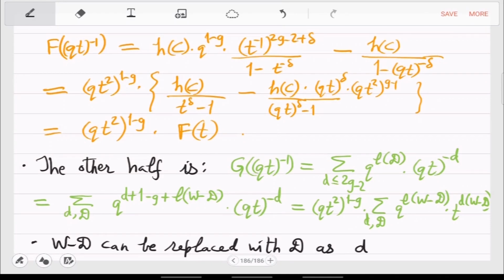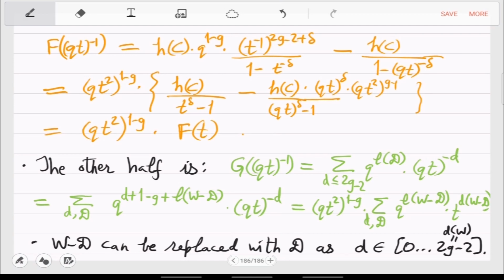As D runs from 0 to 2g minus 2, which is the degree of the canonical divisor, it's very important what the sum is over. Since the sum is over 0 to degree of the canonical divisor, W minus D behaves well.